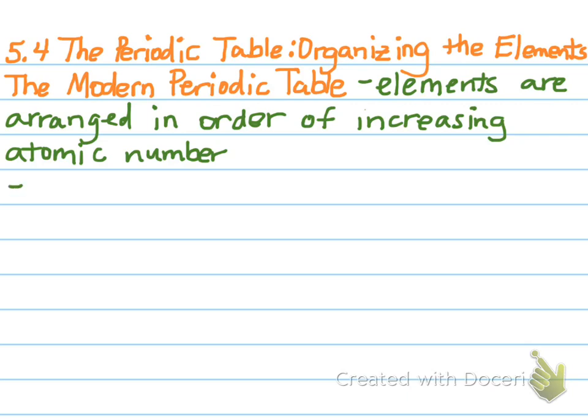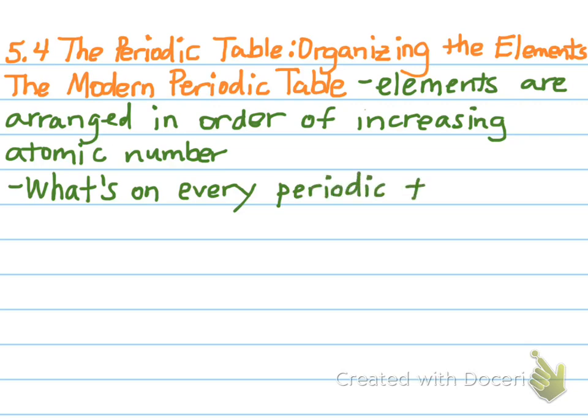So what's on every periodic table? Well, the things that we see on every periodic table, we always see atomic number.